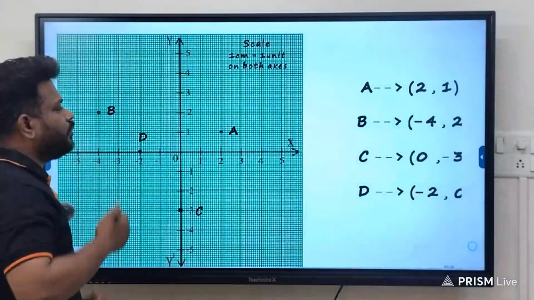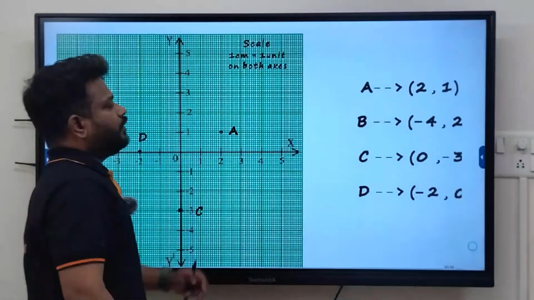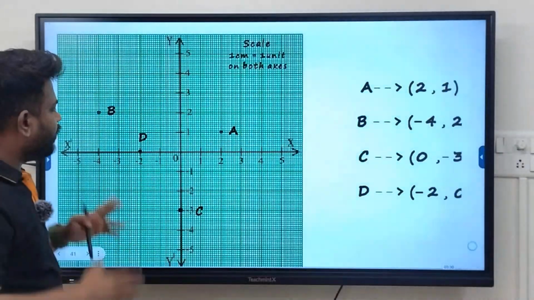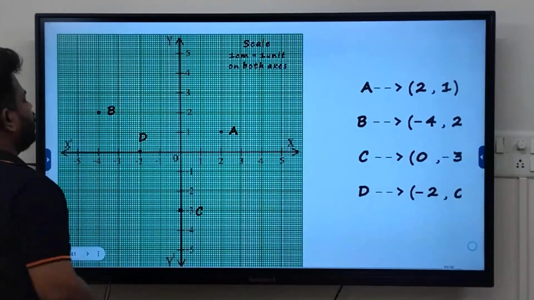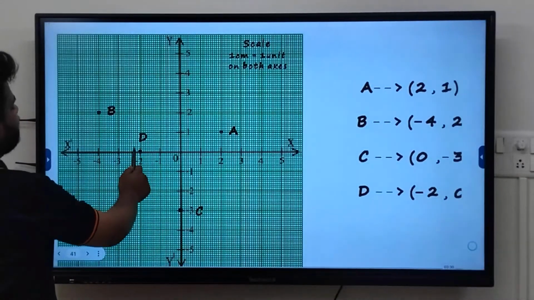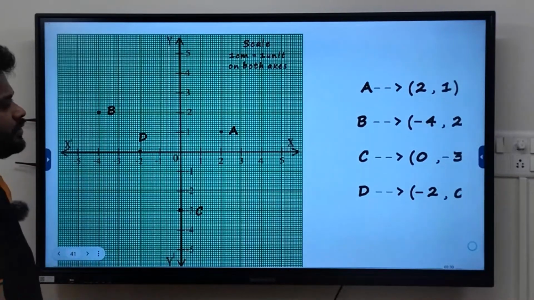Don't look at this, consider this one and tell me what the coordinate will be. Now tell me what D's coordinate will be. D is at this point only, so the point will be -2, 0.